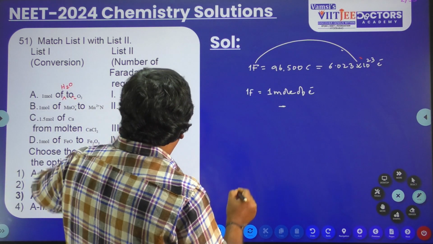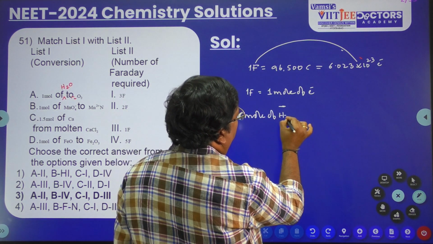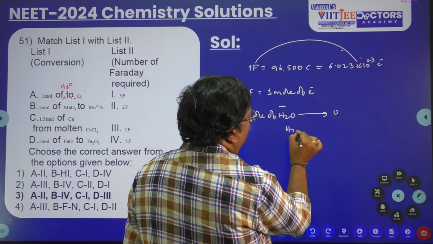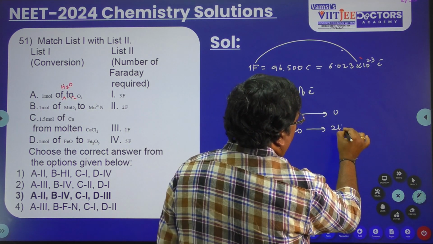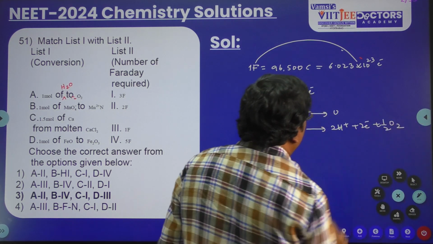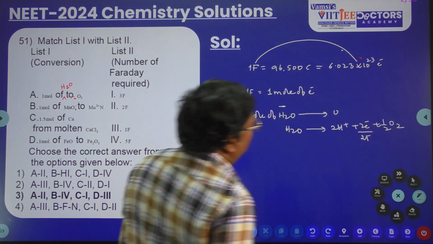Suppose you take the first option, 1 mole of H2O2 to oxygen. Here H2O2 gives rise to 2 H plus, 2 electrons, plus 1 mole of oxygen. So in this process, 2 moles of electrons means 2 Faradays.